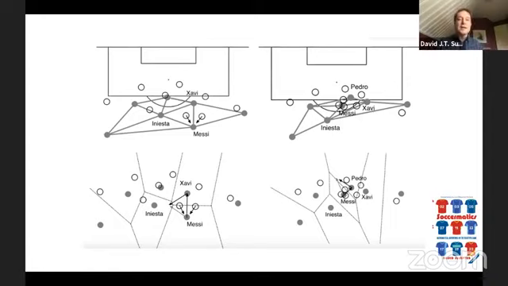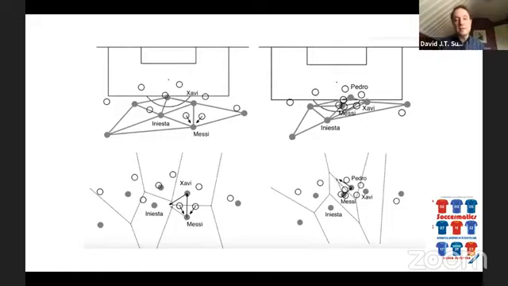Moving into space maximizes your passing alternatives as well. In a sense, when we're studying collective behavior, we like to think about this as a kind of emergent effect, that a simple rule, you move into space, produces an emergent pattern, which is very good passing alternatives. It's not necessarily that you moved into space to produce these, but it's a sort of emergent side effect of this type of movement.